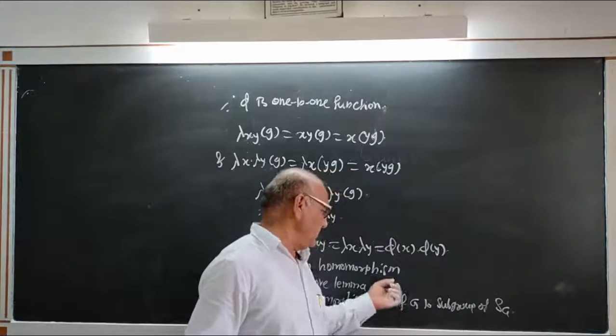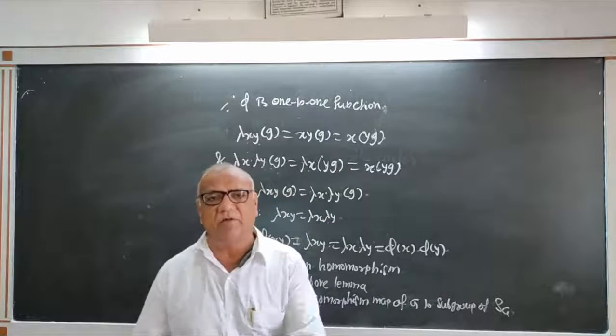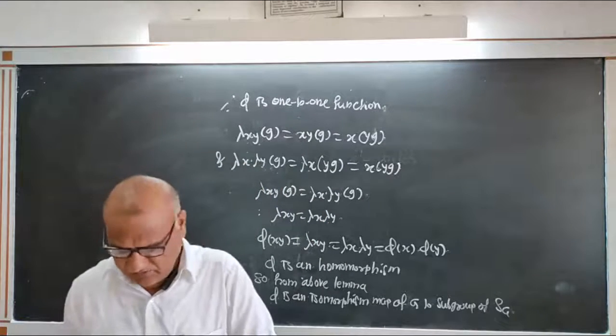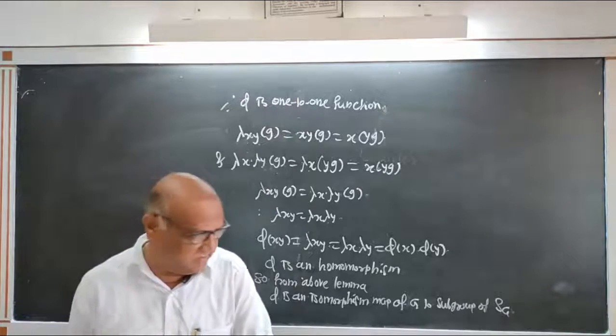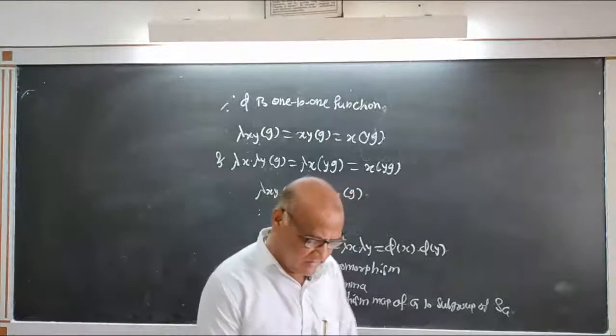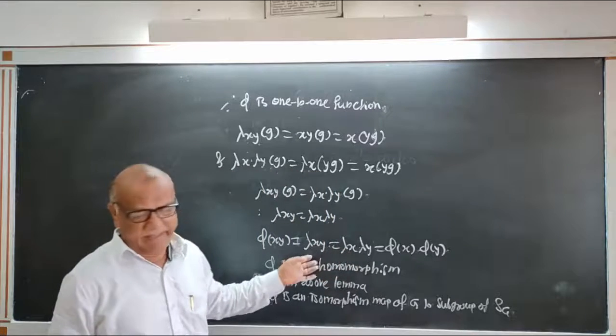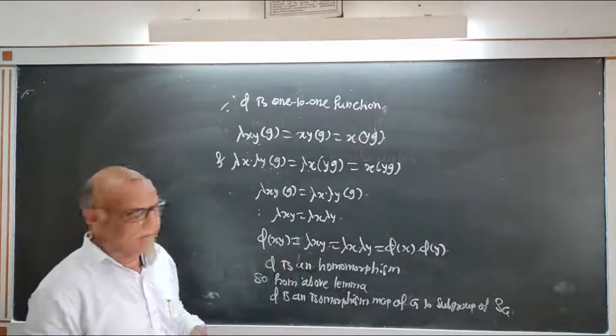That means G is isomorphic to a permutation group. This is our Cayley theorem.